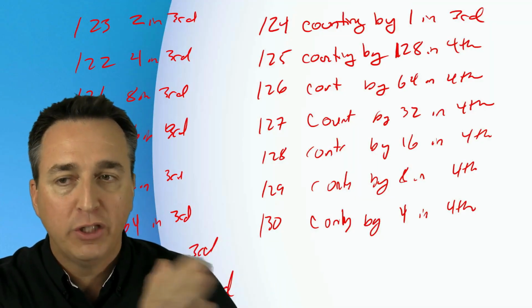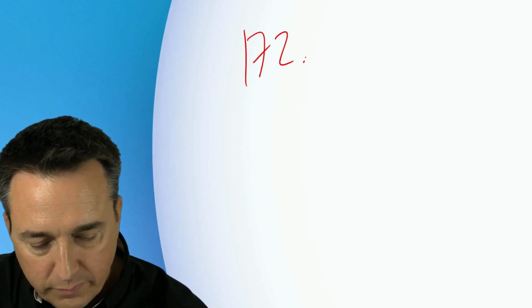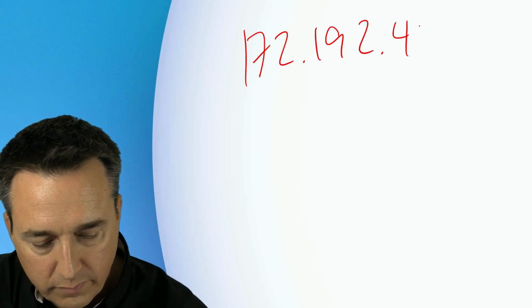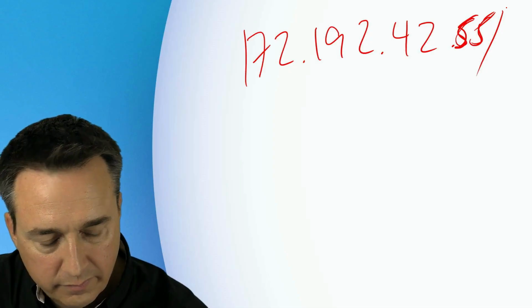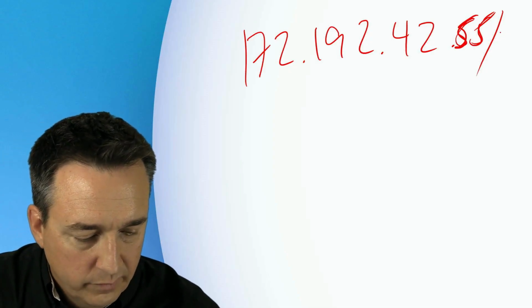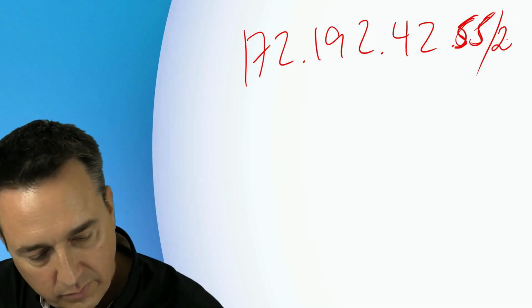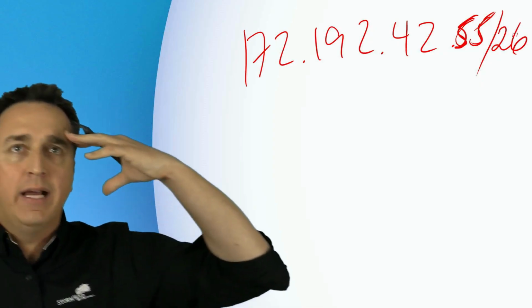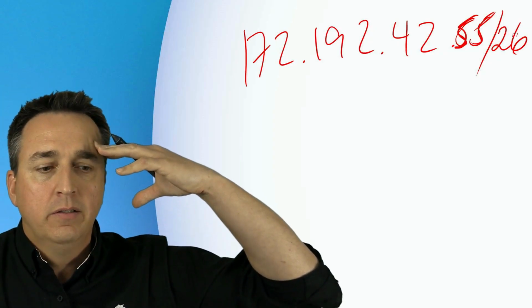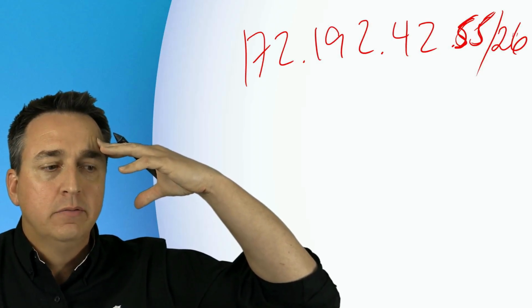Wrote it out by hand, but the chart, you can use that with your 128, 64, 32 when it's all said and done. So when it comes down to it, for example, if you have the IP address, /26, what are we counting by?